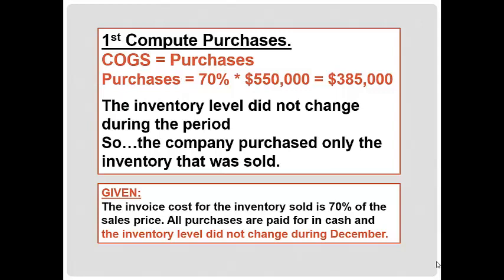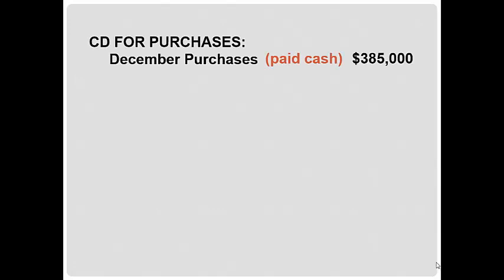All right, with that explanation and knowing that they paid all cash for purchases, the cash disbursements for purchases is very easy to compute in this problem. It will simply be the $385,000 of cost of goods sold.